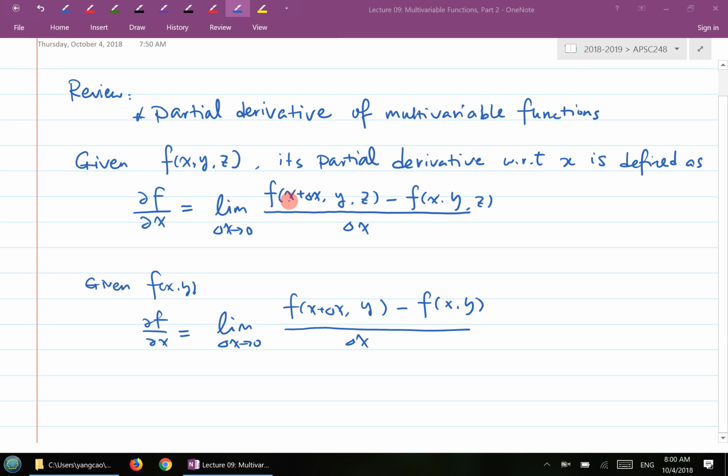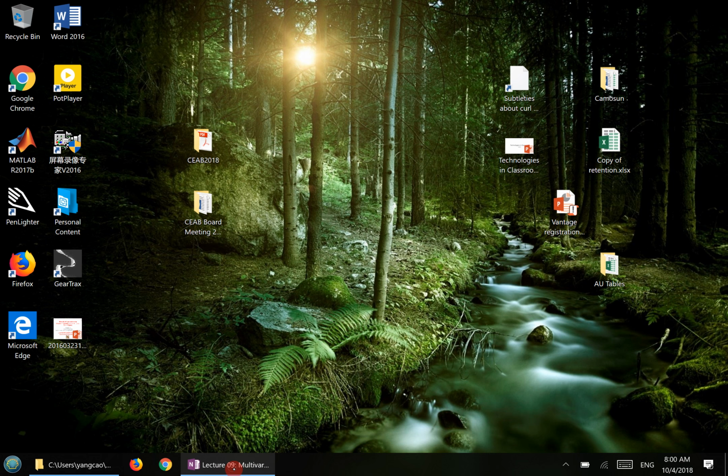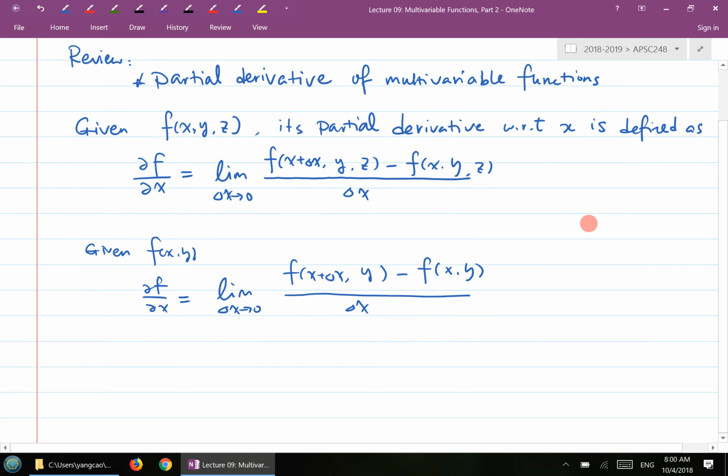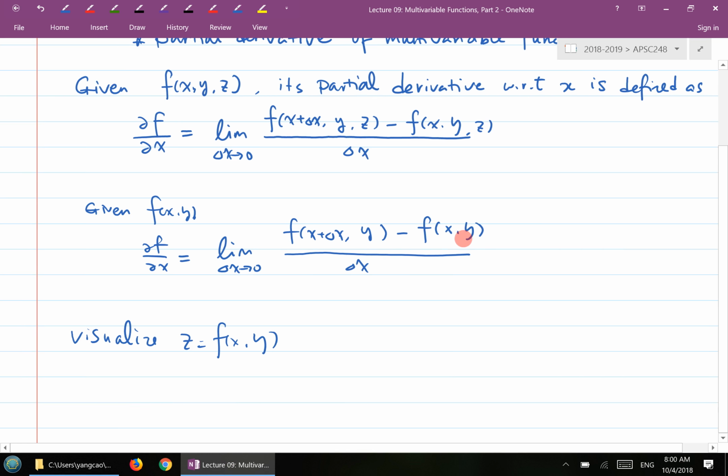Basically, we introduced what multivariable functions are, and what they look like. Now, as I mentioned in the previous lecture, you can visualize a function of two variables in 3D space, but you cannot visualize a function of more than two variables.